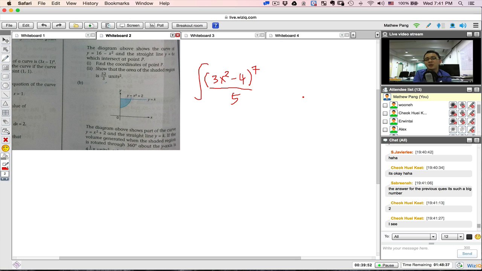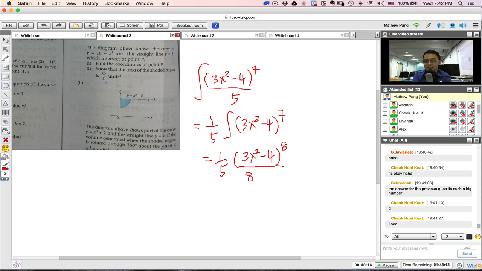I integrate this one. When I integrate something like this, first thing is, I can actually take out the 1 over 5 to make my life easier. So this one will be 3x squared minus 4 to the power of 7. Then I do the same, power plus 1. So I got 3x squared minus 4 to the power of 8, divided by 8.